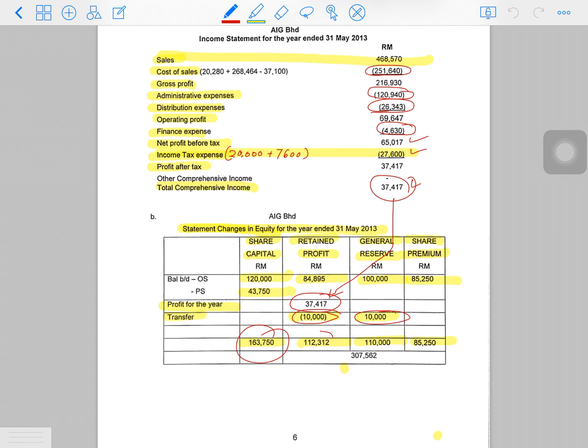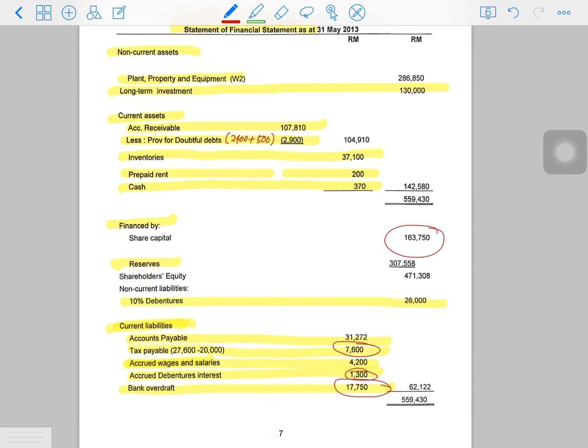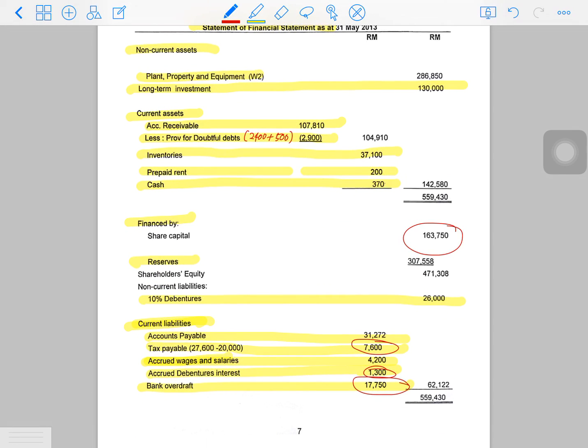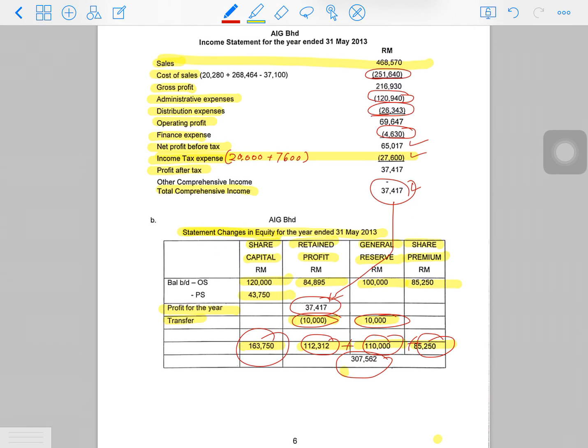Reserve ni you have to plus all. You get this amount 307,562. All the reserve you get. Okay. 307,558. 558 ke 562?